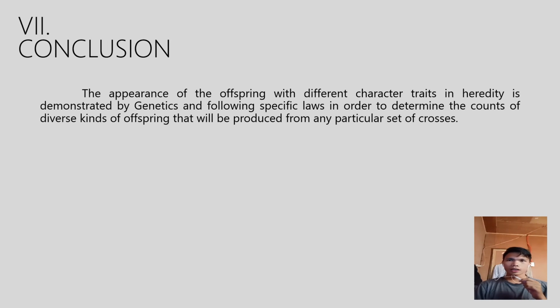So in conclusion, the appearance of the offspring with different character traits in heredity is demonstrated by genetics, following specific laws in order to determine the counts of diverse kinds of offspring that will be produced from any particular set of crosses.